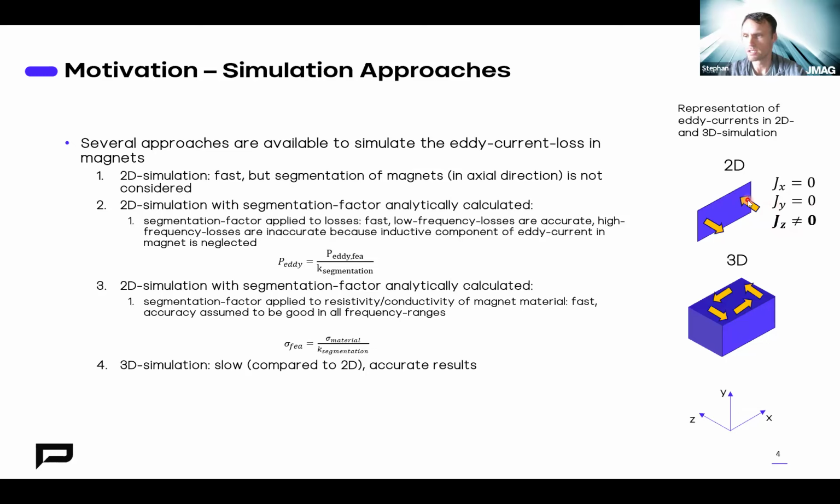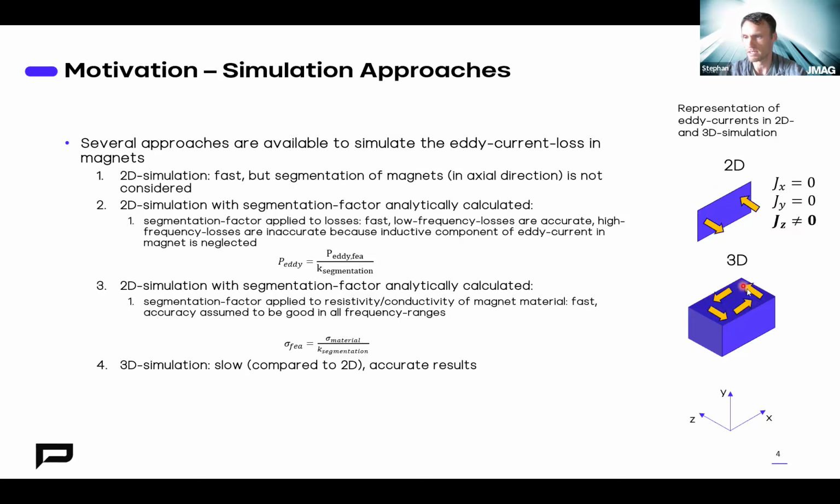And this also means this eddy current will not be limited by the resistivity in the X and Y direction. And this is something the 3D simulation can do, because the 3D simulation can really represent the eddy current path inside the magnet.